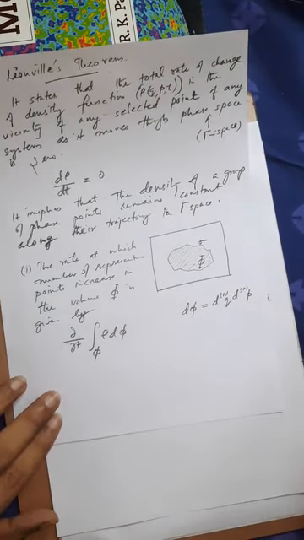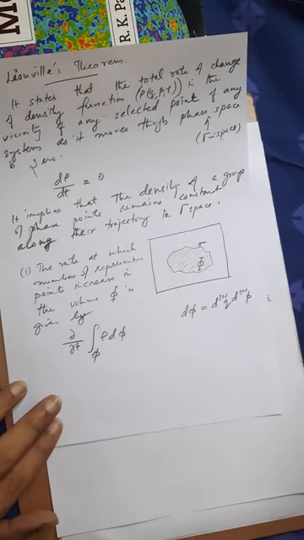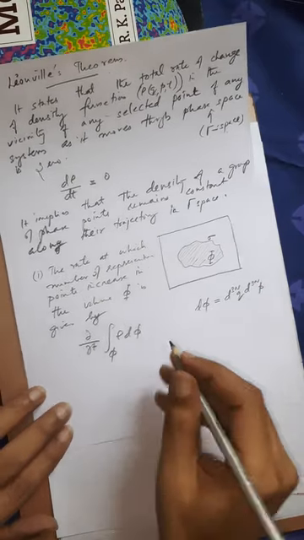Now there will be a flowing out of the representative points.